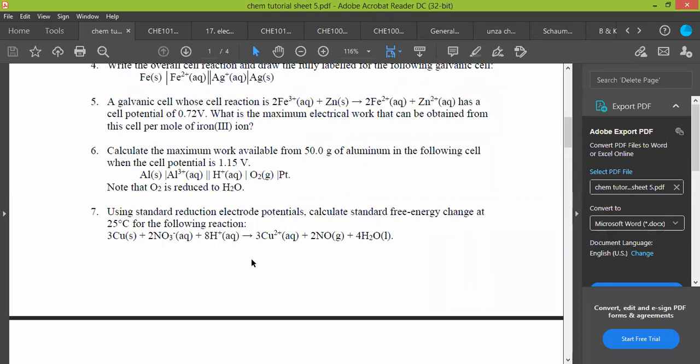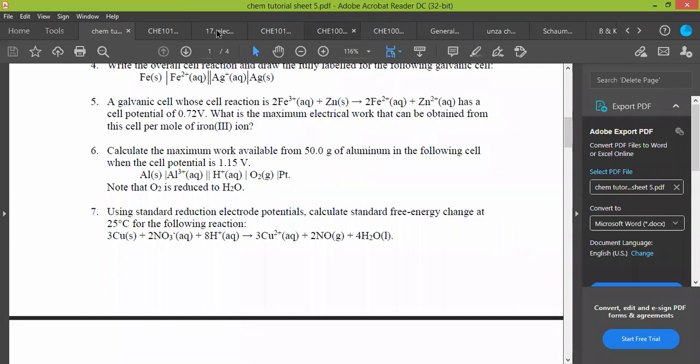So if you check the nitrate ion, we can check this reduction by going straight to the table.